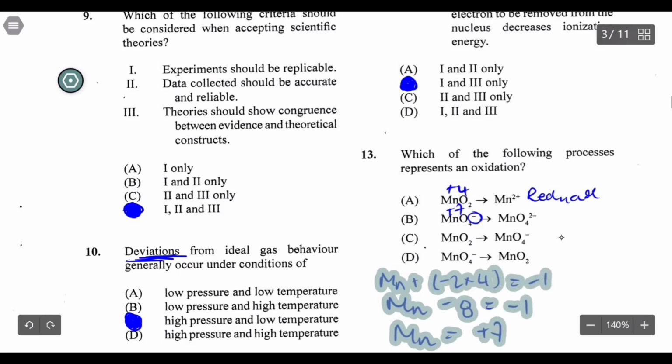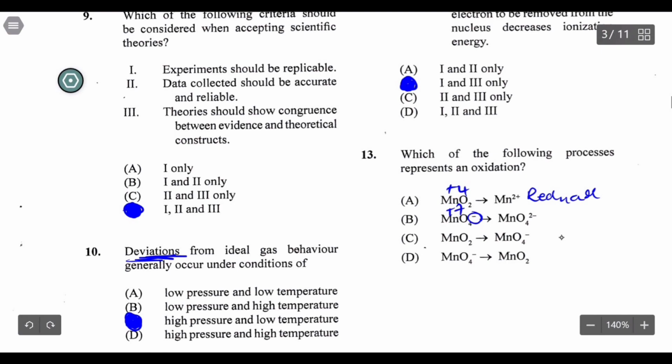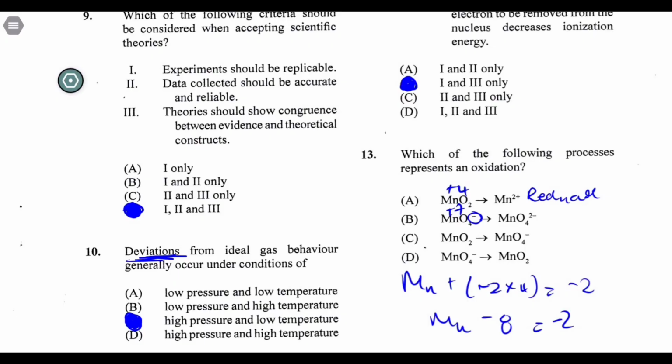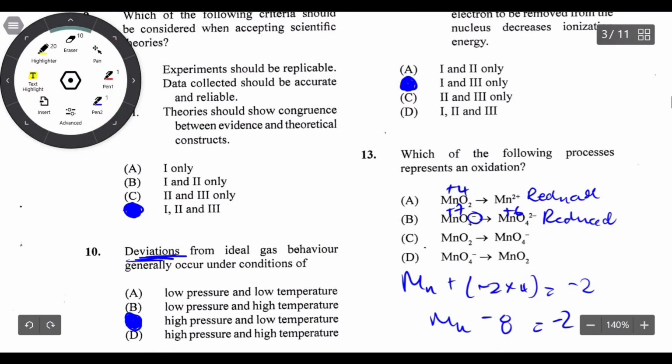I don't think we're going to have to keep working out because the compounds and ions will repeat. For the next one, Mn plus minus 2 times 4 is equal to minus 2. 2 times 4 is 8, so minus 8, giving Mn as plus 6. So it goes from plus 7 to plus 6. This is also reduced.